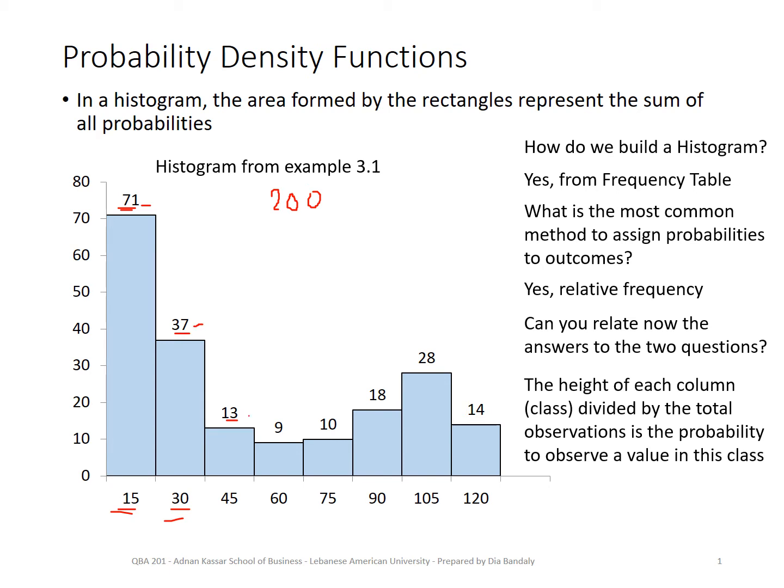So we have 71 bills between 0 and 15, and these represent 71 out of 200. Which means 71 over 200 is the probability that I will observe a bill in the category between 0 and 15.